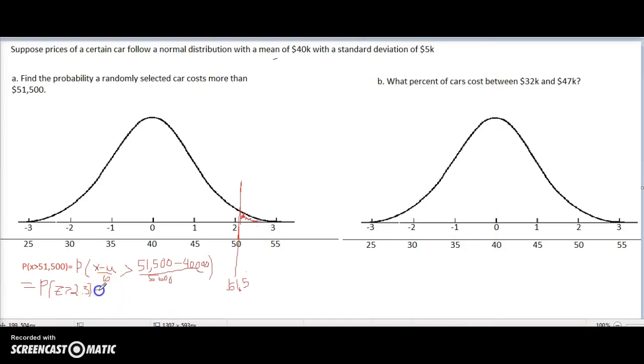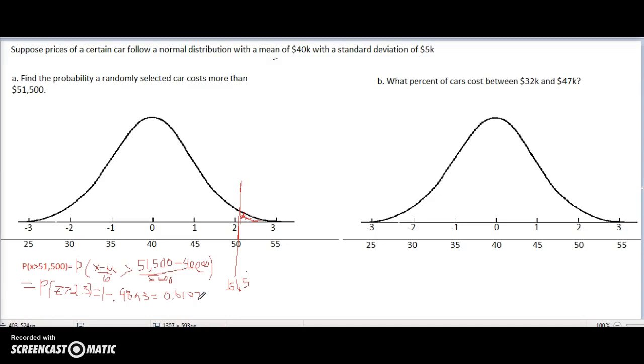So we get 1 minus .9893, which equals 0.0107.